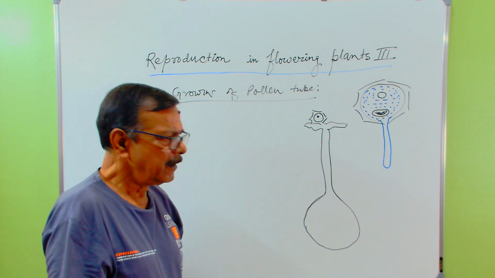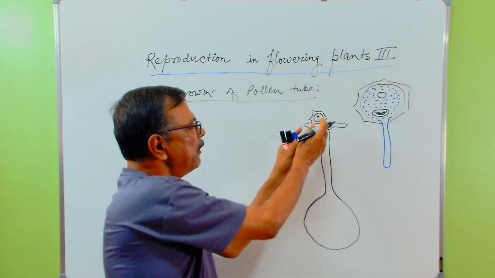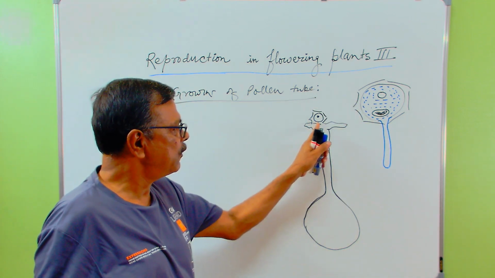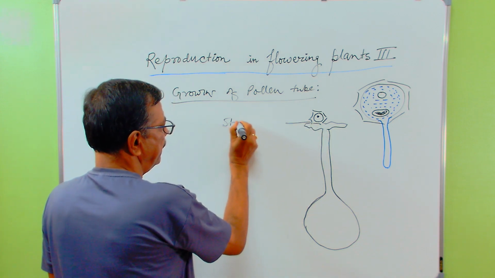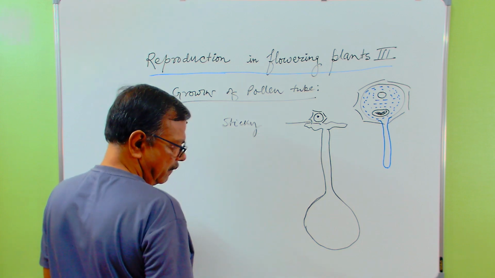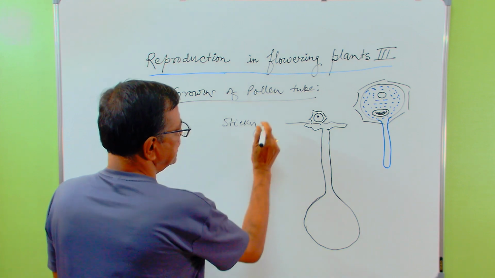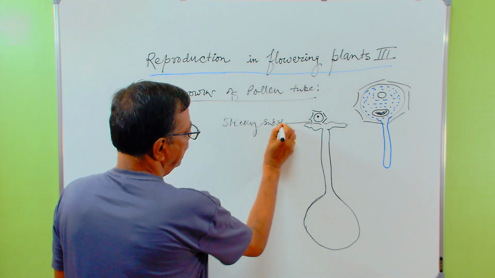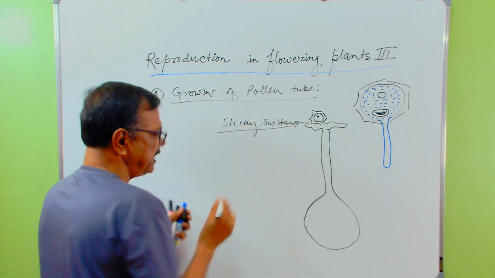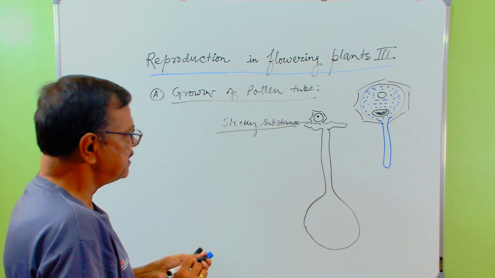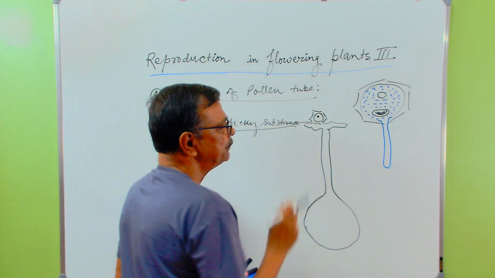It may fall because of the air and some other factors, so the pollen grain secretes some sticky substances. With the help of this sticky substance, they remain attached on the stigma. This is stigma.